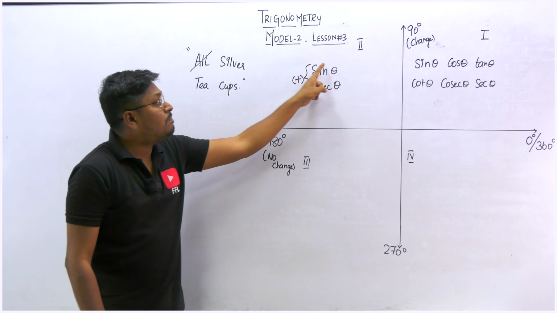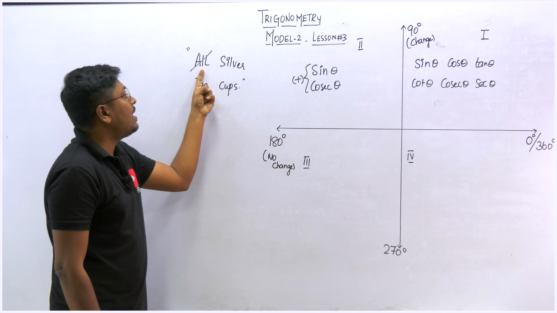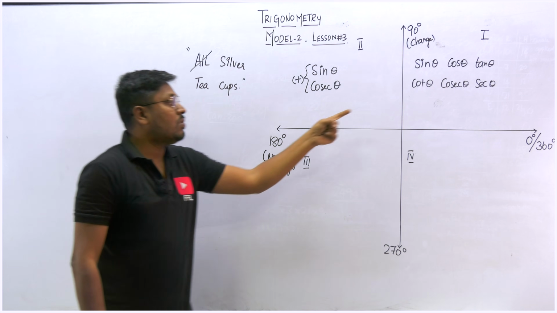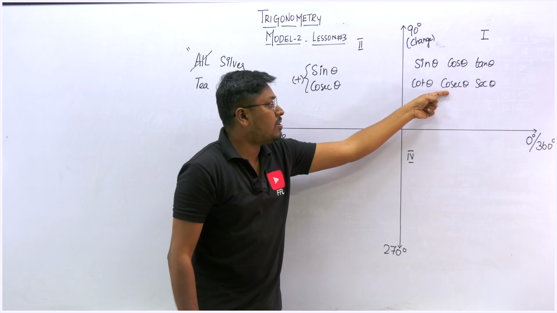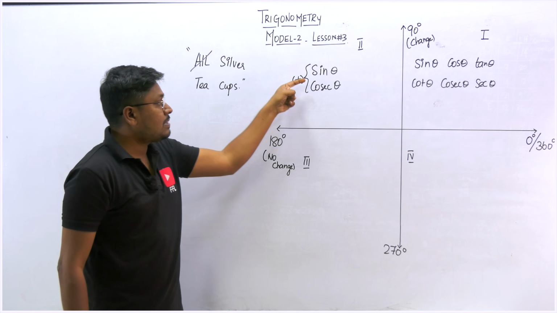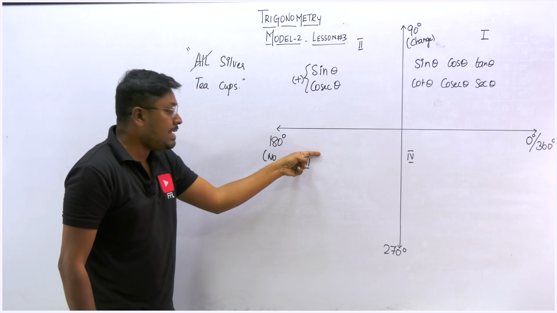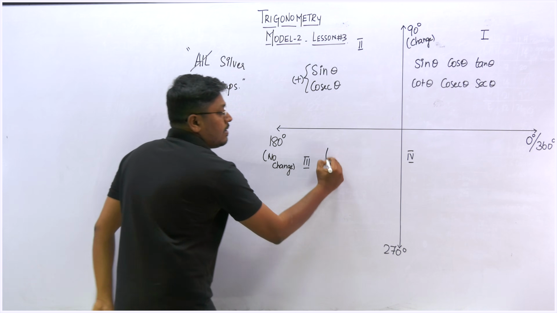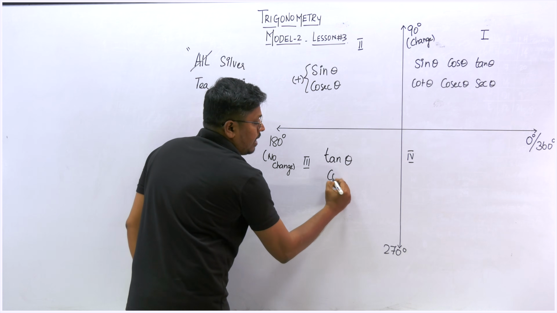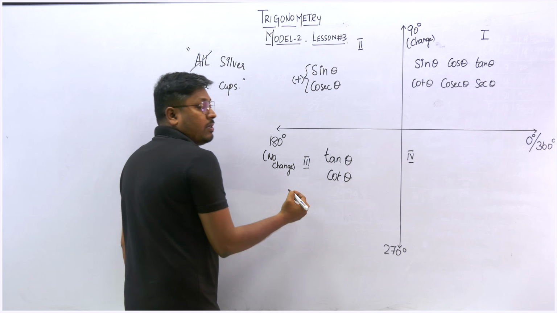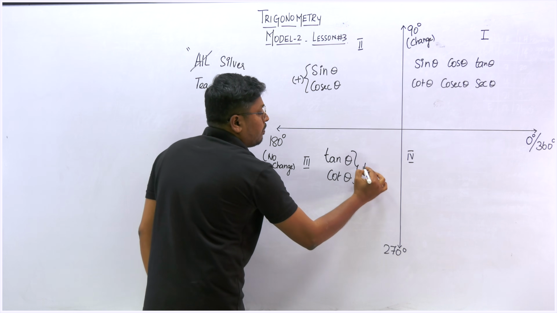So instead of memorizing this by heart, that's the reason we have learned this small shortcut word. All the trigonometrical ratios are positive in all, then silver, starting from S. Then T means tan theta and cot theta; tan's opposite is cot. So these two are positive.